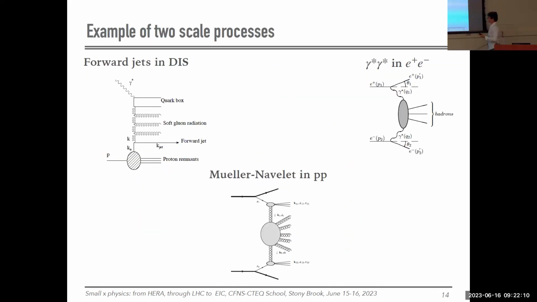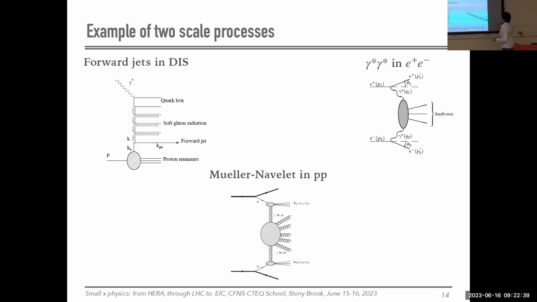Okay, so this principle can be applied to very different machines. You can look at DIS and ask for a forward jet, so the jet is in the forward proton direction. You have a large scale of your photon, and you want a comparable scale for your forward jet, with this BFKL cascade in between.